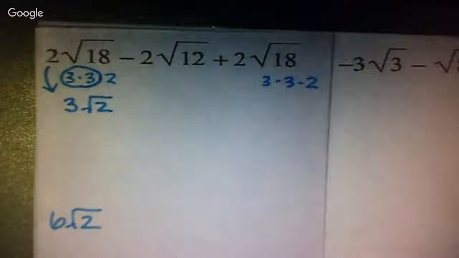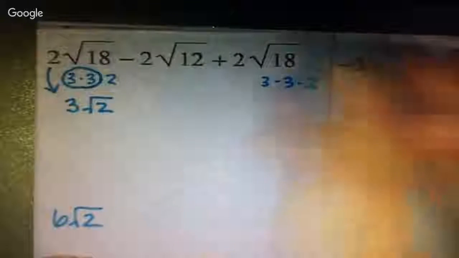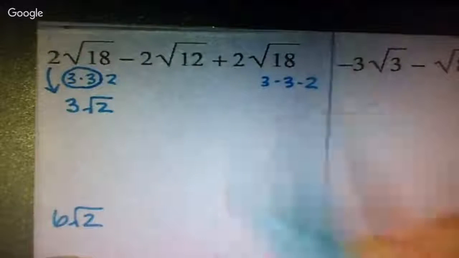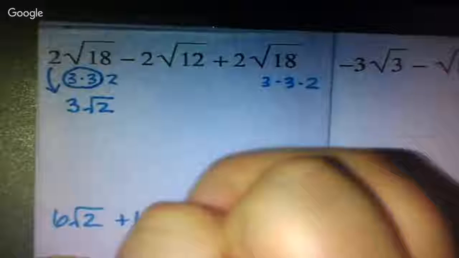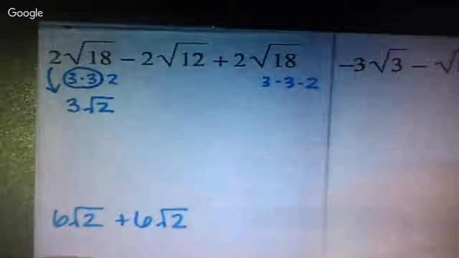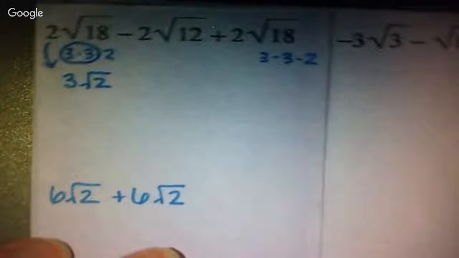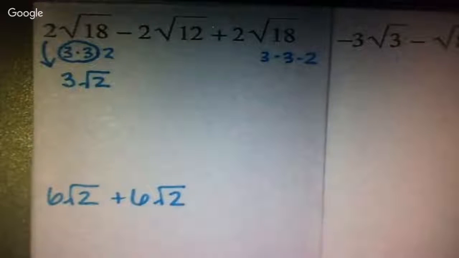The first one and the last one are going to be the same thing. They both started as 2 square roots of 18. Because they're both positive, it's like having double of it. They're not opposite. Only when they're opposites would they cancel out. If that was a -2 square roots of 18, they would have canceled out at the end. Don't let me confuse you.